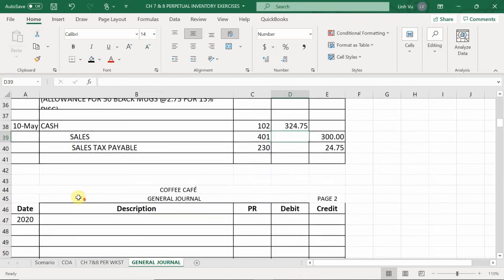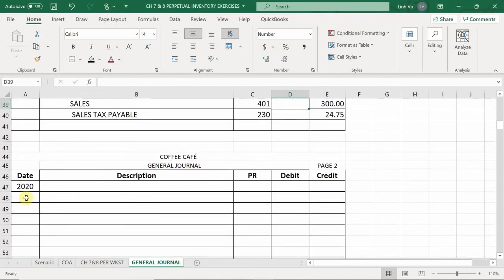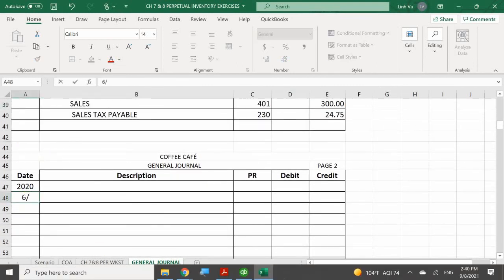There you go. And because we sold 30 mugs, we need to record that. So cost of goods sold in our inventory, which is mugs.